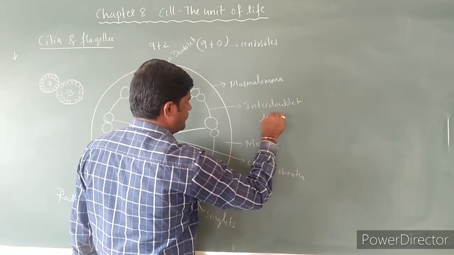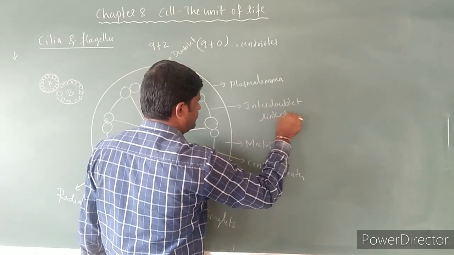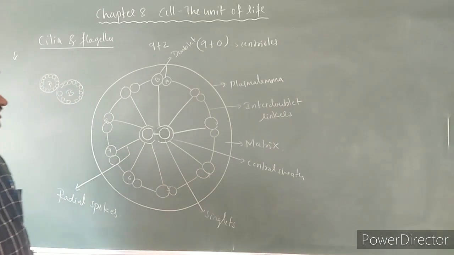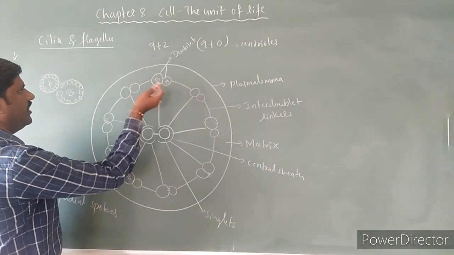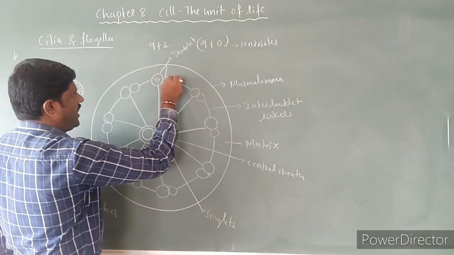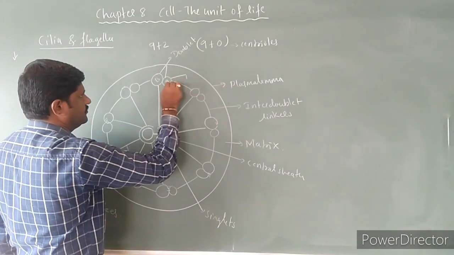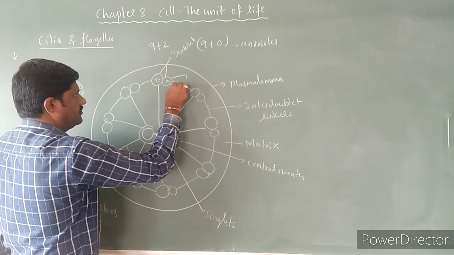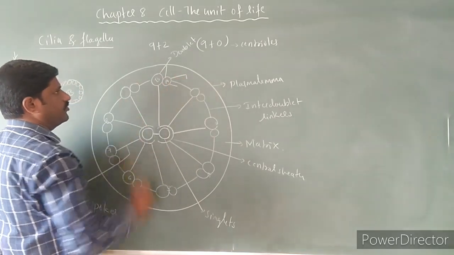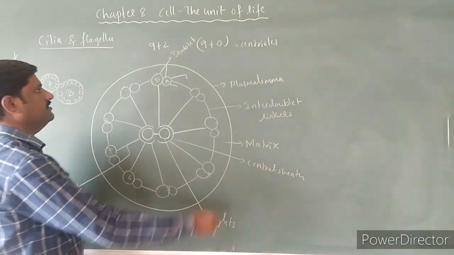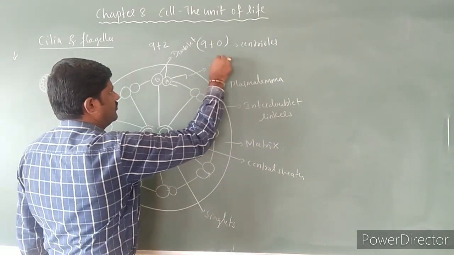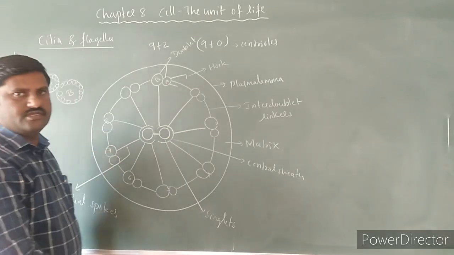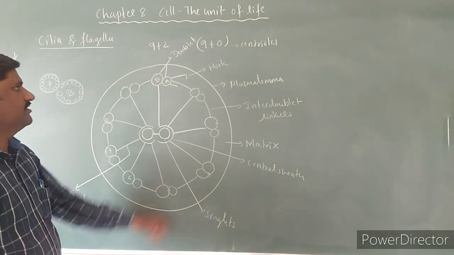Inter-doublet linkers, these are. And so we have to observe here, A has two extensions of the protein, and one of these extensions has a hook-like structure.